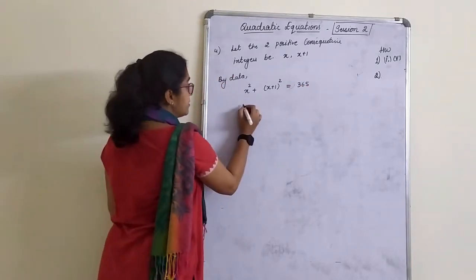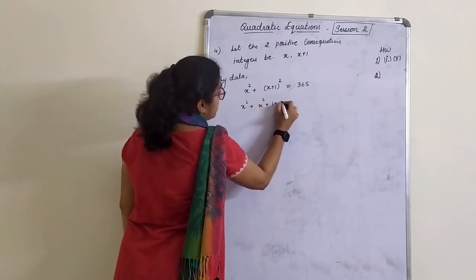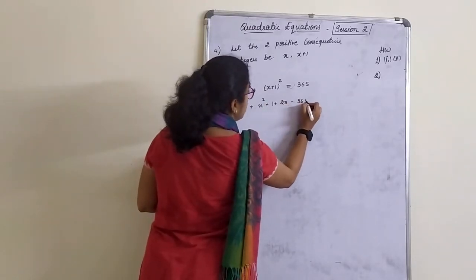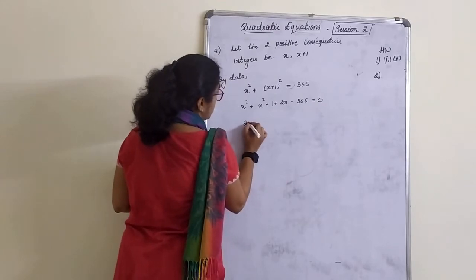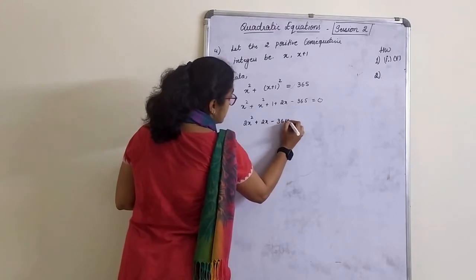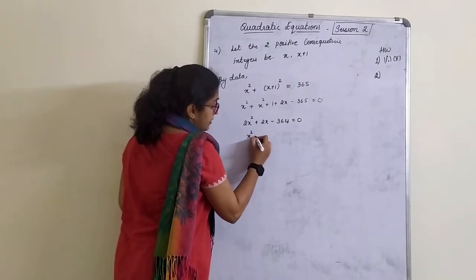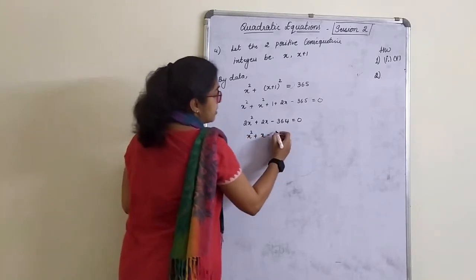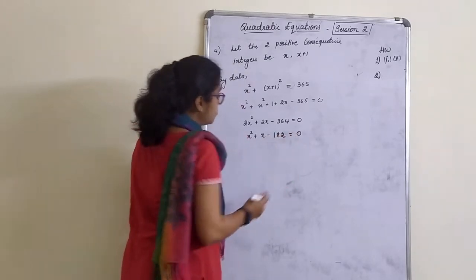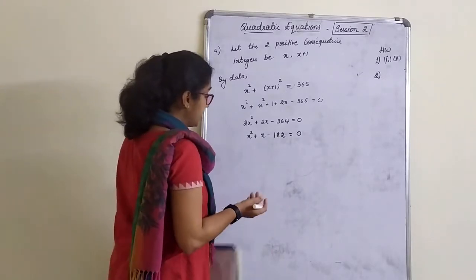Split this: x square plus 1 plus 2x minus 365 is equal to 0. 2x square plus 2x minus 364 is equal to 0. We'll take 2 common: x square plus x minus 182 is equal to 0. So we got the equation as x square plus x minus 182.